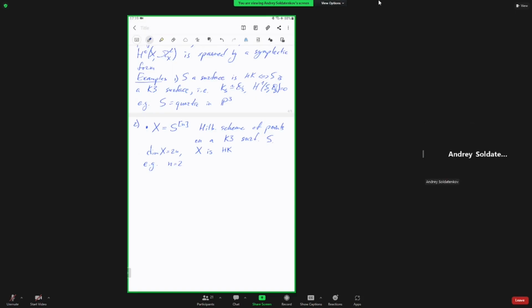The non-smooth thing is just a symmetric product, the self-product of this surface, and then the Hilbert scheme will be a crepant resolution of this symmetric product.